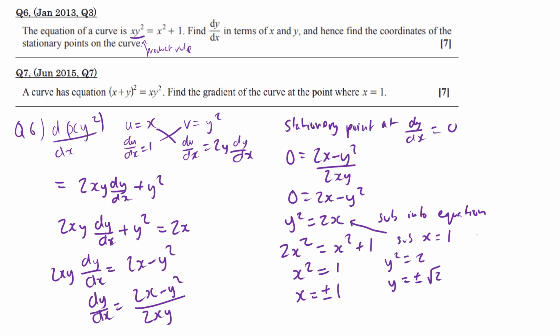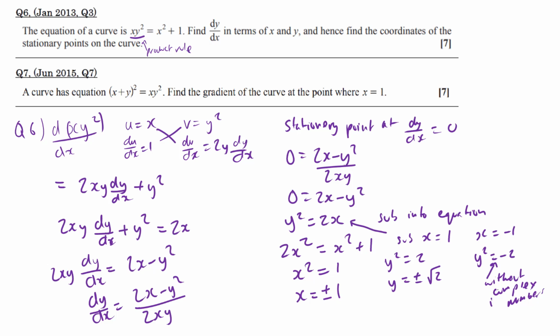Now this is the important bit where you get a bit stuck. When x equals minus 1, you actually get y squared equals minus 2. You cannot do this without complex numbers, because you can't square a number and make it negative unless you use complex imaginary numbers.